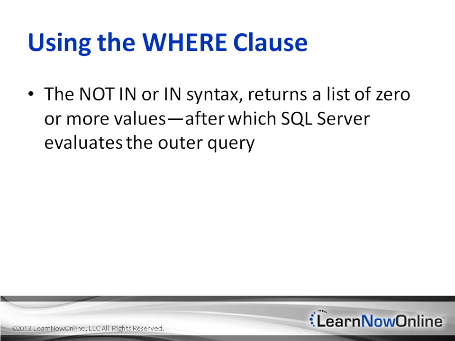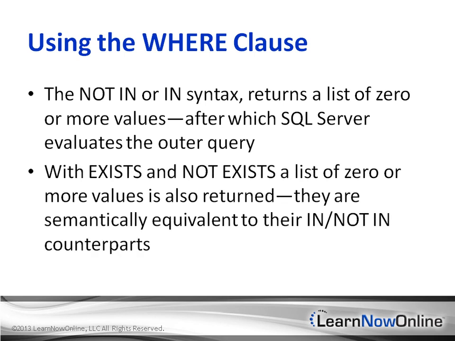The not in or in syntax will return a list of 0 or more values, after which SQL Server will evaluate the outer query. And if you use exists and not exists, a list of 0 or more values is also returned. They are equivalent semantically to their in, not in counterparts.